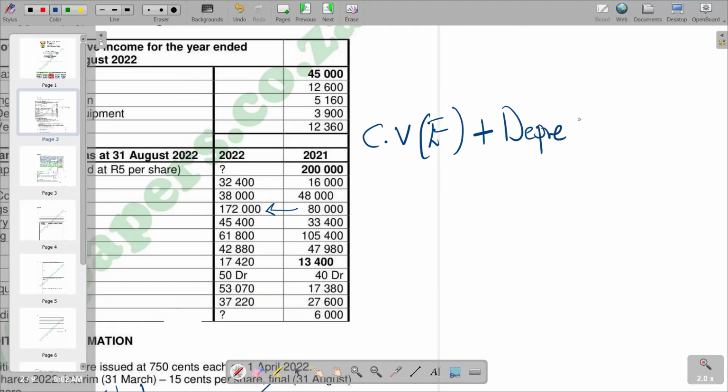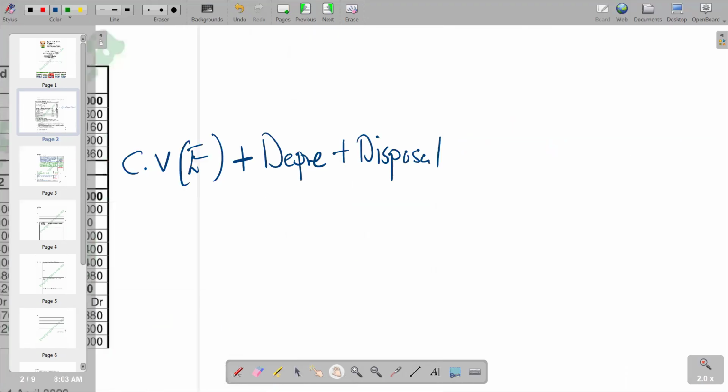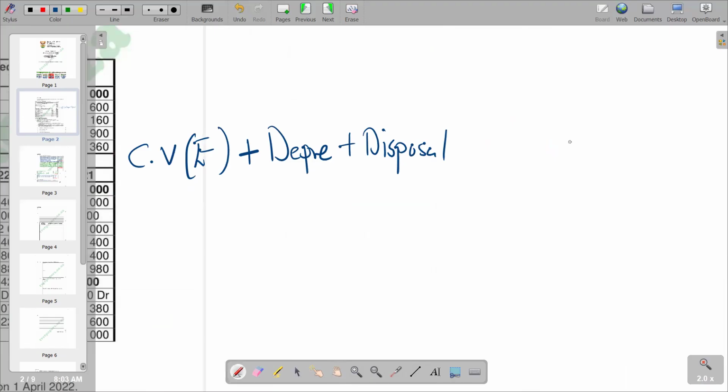If you have got any disposal at carrying value, you are supposed to add it again. And then obviously you have to subtract your carrying value at the beginning. So basically, this is the formula that you can use to calculate any addition or anything that was purchased.